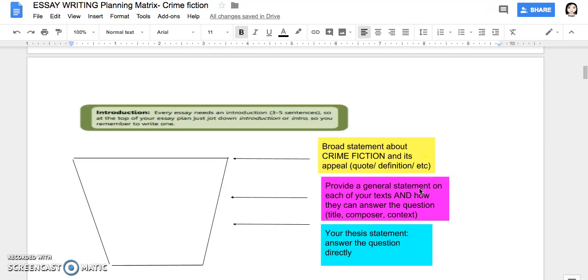Then provide a general statement for each of our texts and how they're able to answer the essay question, because we need to engage with what's at the core of the question. We also need to give a title, who actually wrote the work, and perhaps even provide a little bit of context if we have time.